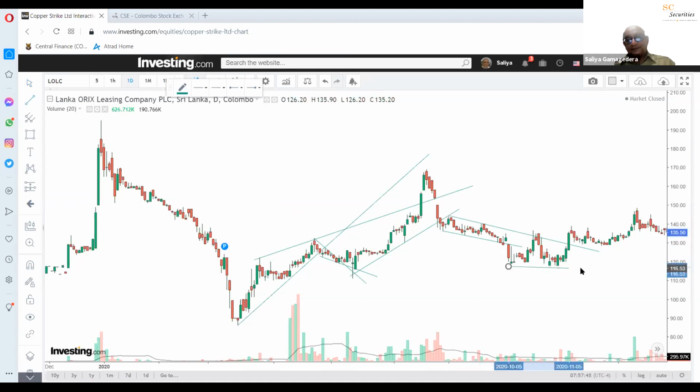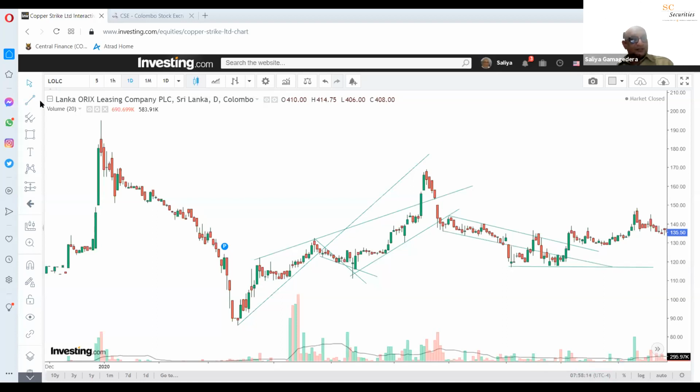Over here. Right. Now, this can be stretched by focusing attention to this low and this low. You can stretch that. And at the same time, there is another significant high here and another significant high here.